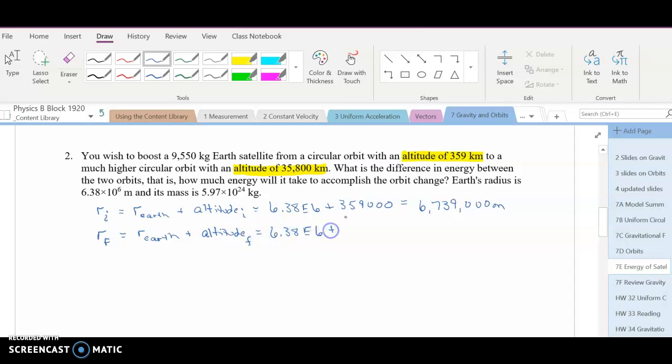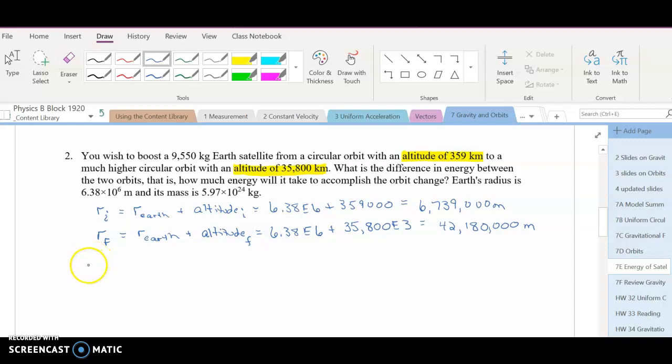Make sure that you add the altitude in kilometers. That's 35,800 times 10 to the third meters, right? And so we get 42,180,000 meters. So there's quite a big difference between the two orbital radii.